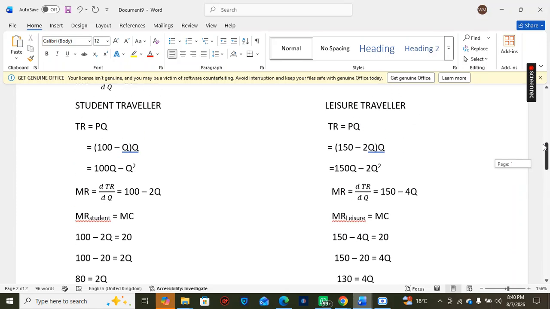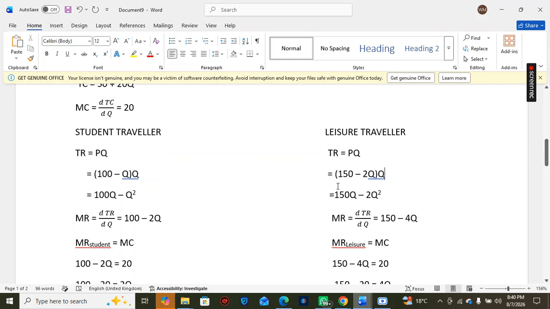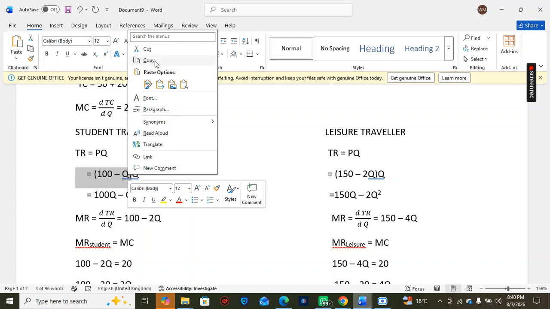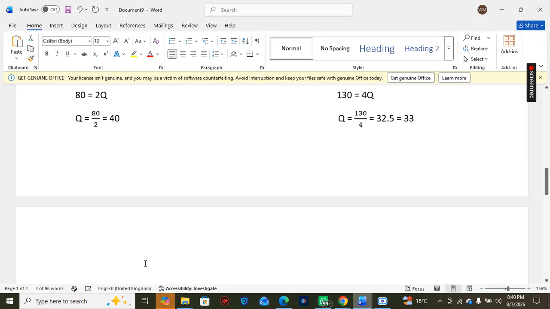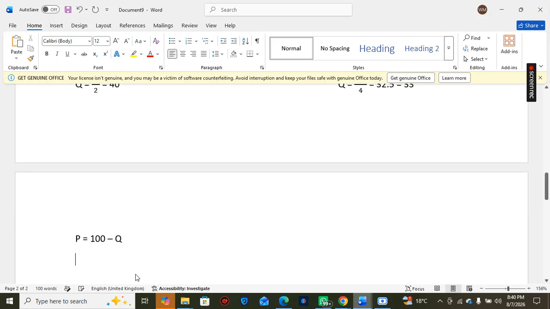Okay. The price that each has to pay. So remember, for student travelers, the price P equals 100 minus Q. Okay, so to get the price that the students must pay, since Q equals 40, you're going to say 100 minus 40.